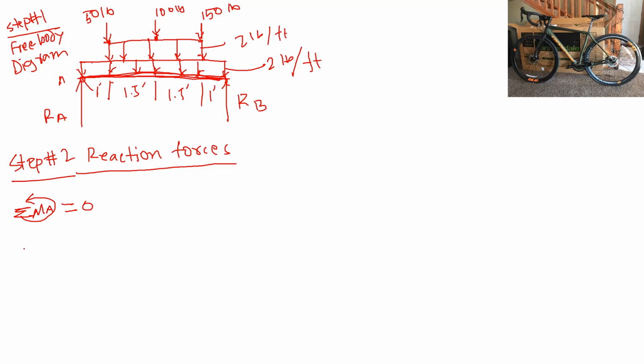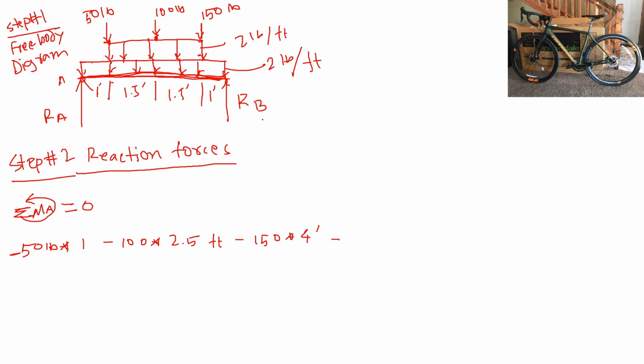So if I take moment with respect to A for that 50-pound load, which is about 1 foot away from point A, and which is a clockwise moment, which is negative, and then I got another 100 pounds at 2.5 feet, and then I got another 150 pounds at 4 feet from A, and then I got 10 pounds of the distributed load, this one.